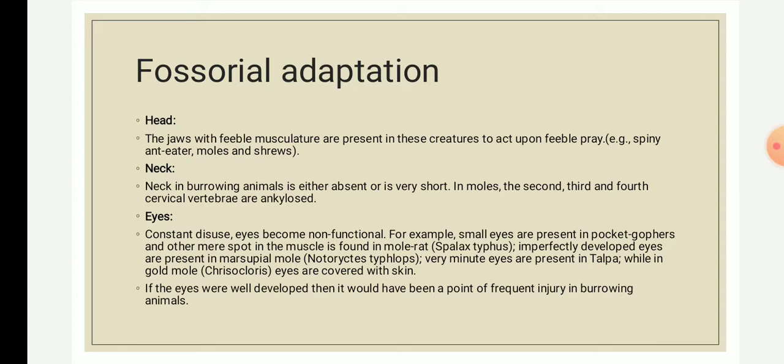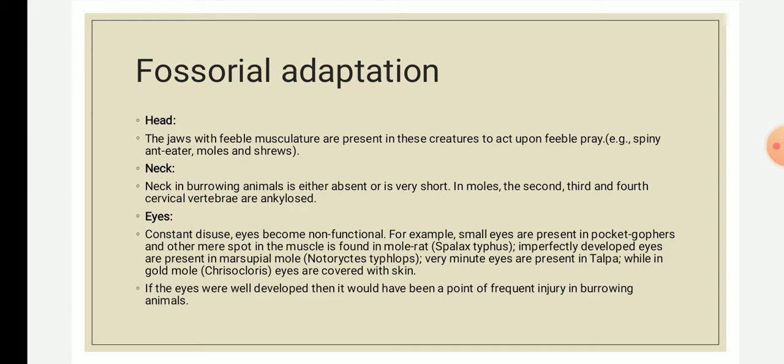Okay. The next type of fossorial animals are those that dig for a retreat but seek their food above the ground. The digging is for retreat, but the food is available on the ground.